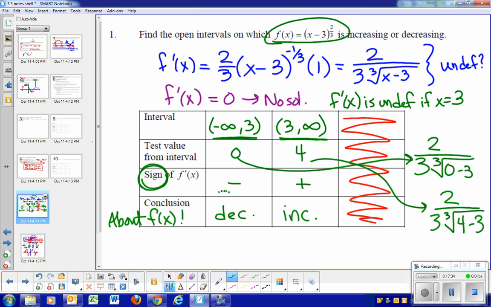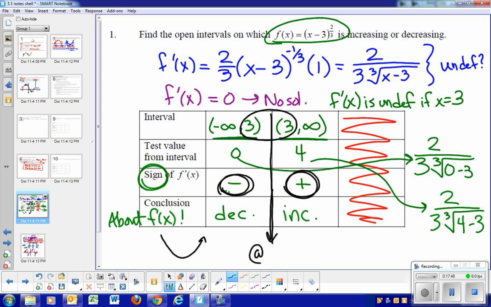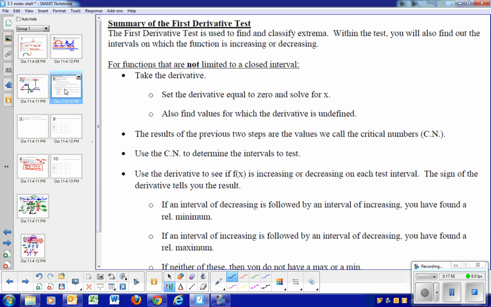All we need to add to this is saying, well, if it goes from being a negative derivative to a positive sign for the derivative, that means we're going downhill then uphill. That means right here at 3, at x equals 3, we have a negative to positive means a min. That's first derivative test. Finds extrema, okay?